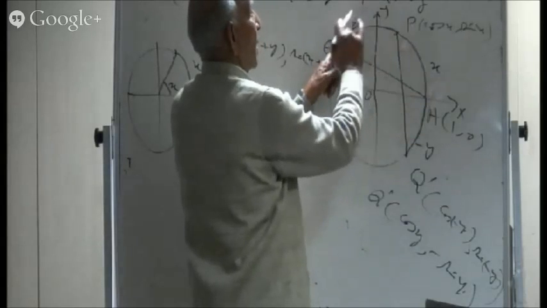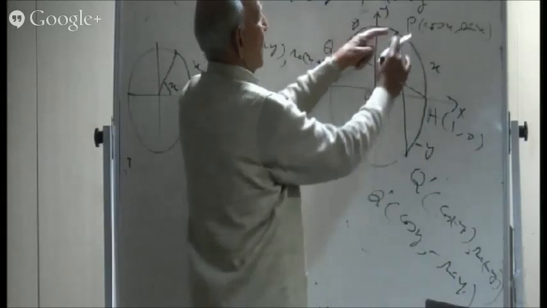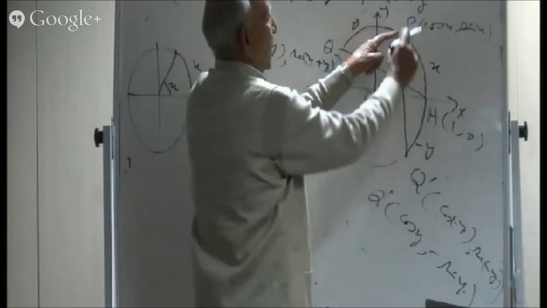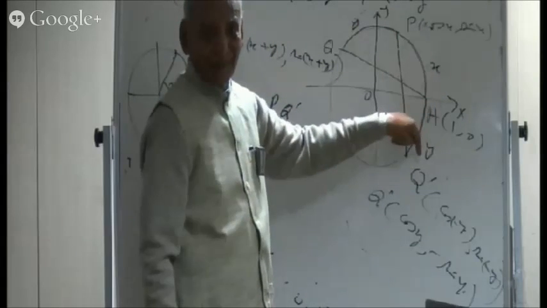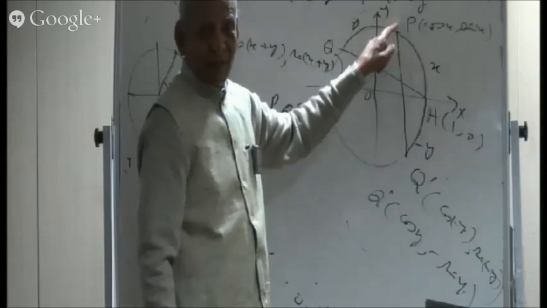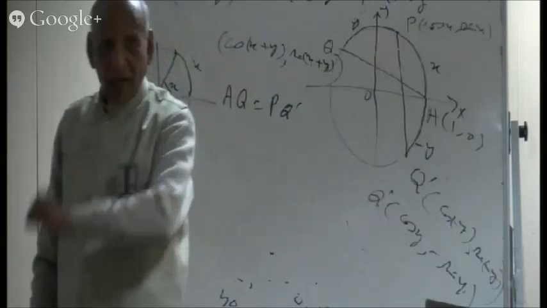So what is this? X plus y. Is it right? Length of arc, x plus y. What is this? X plus y. Length, I am talking about length. So in total length will be x plus y. And you know that equal arcs, they cut equal chords. They subtend equal angles, and from there the chords are also equal.